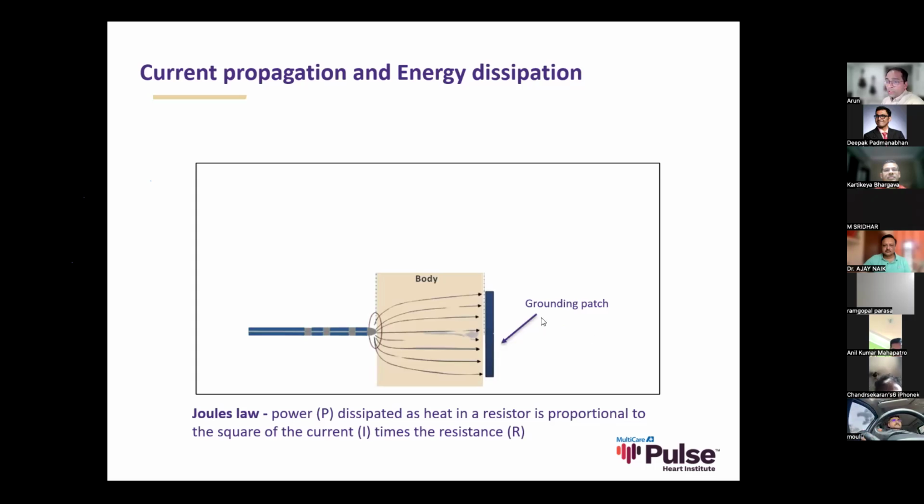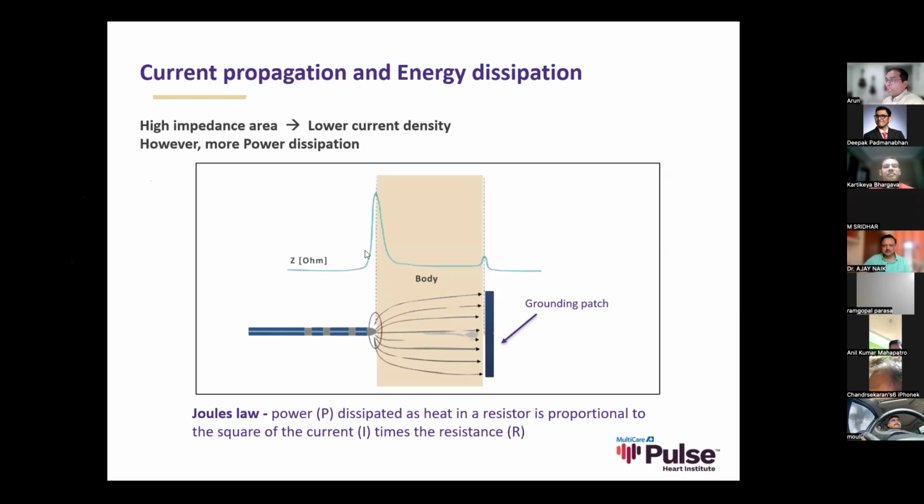So where is the tissue temperature the highest? The highest temperature would be at the place where, number one, the beam is most focused, and number two, where the impedance is high. If you look at the impedance graph, the impedance is very high at the tissue catheter interface, and then it decreases.